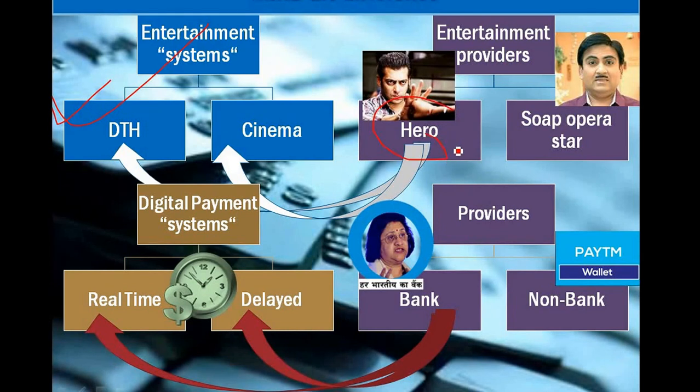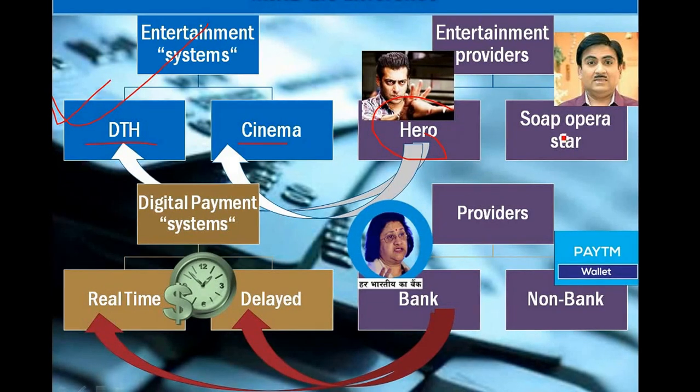between digital payment systems, let's consider the example of an entertainment provider. What is an example of an entertainment system? In the entertainment system we have DTH and cinema. The entertainment system consists of DTH or cable, that is the television systems, and we have cinema.